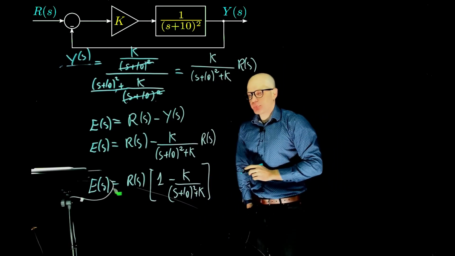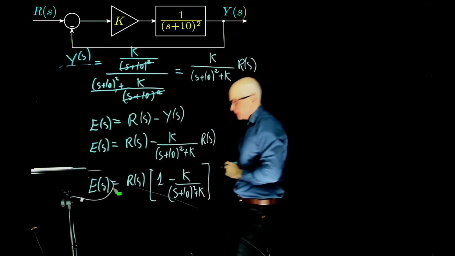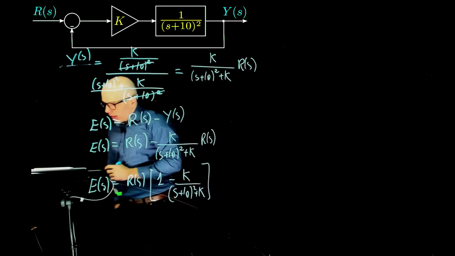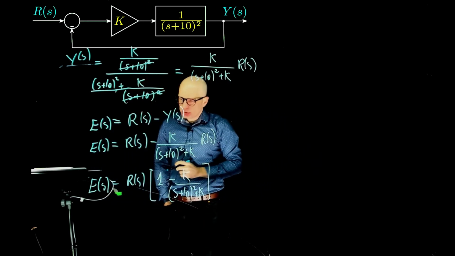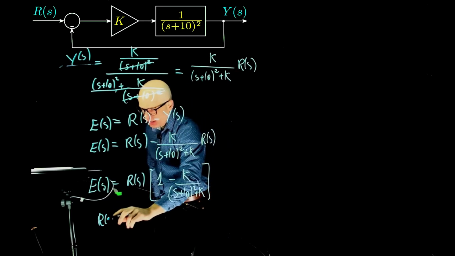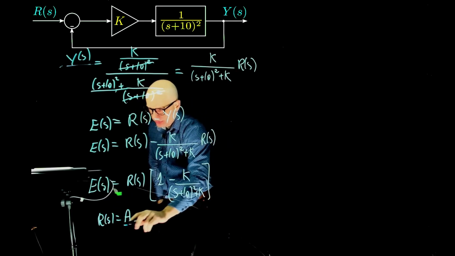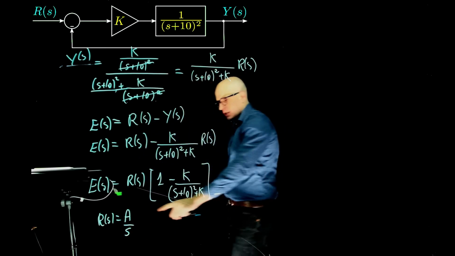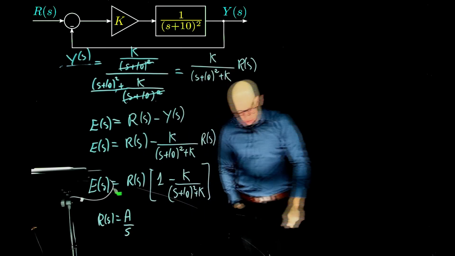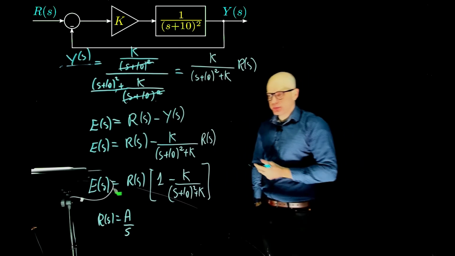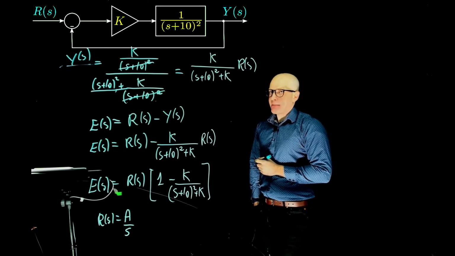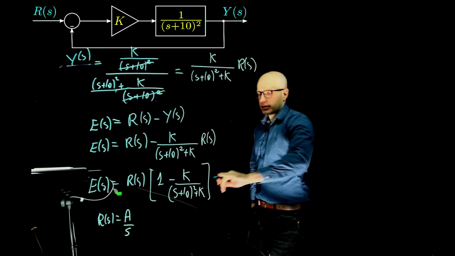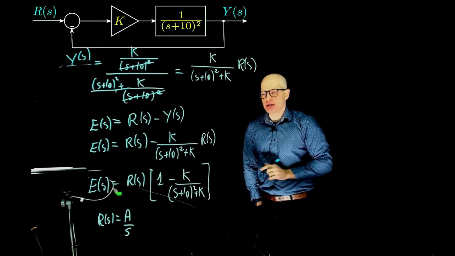Okay, we are applying to this system, according to the question, a step command of magnitude A, which means that R of s is A over s. It's a step command of magnitude A. We are injecting A units of sodium in the body, or we want to. So now we can take this expression and evaluate that in steady state.